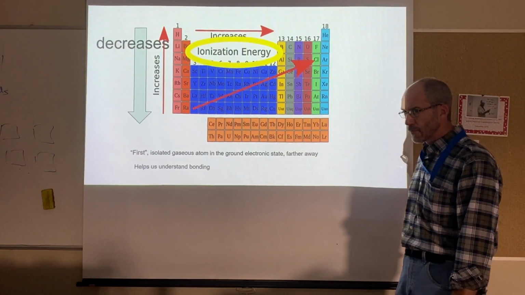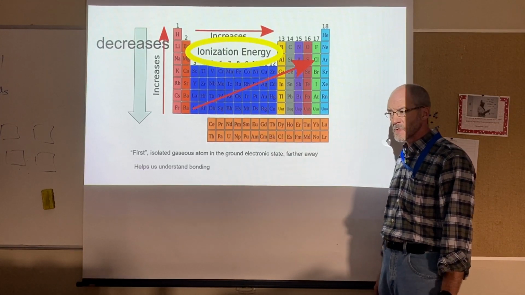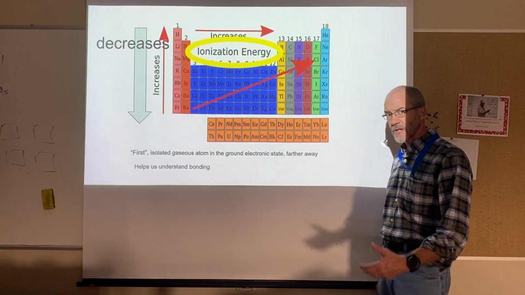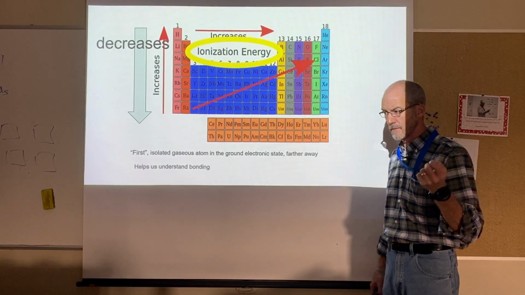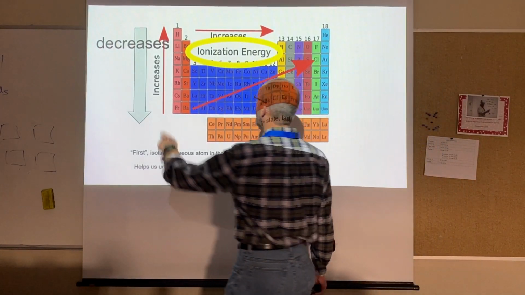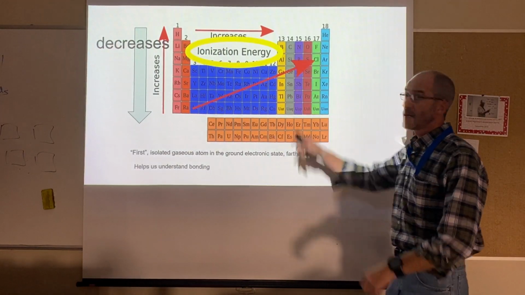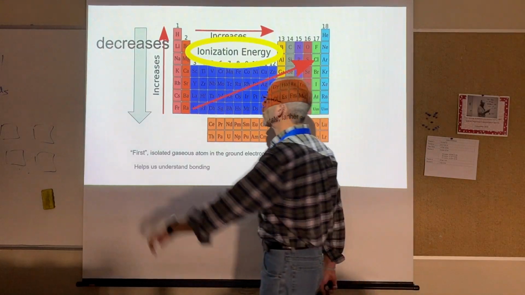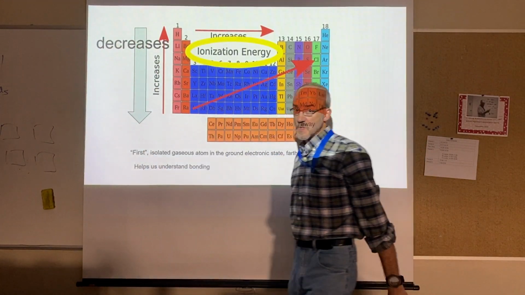Now, you may struggle a little bit with that, and you may not. What you're going to focus on is this first energy. First ionization energy was the amount of energy it took to pluck away an electron. As you go across the table, ionization energy increases. As you go down the table, it decreases.